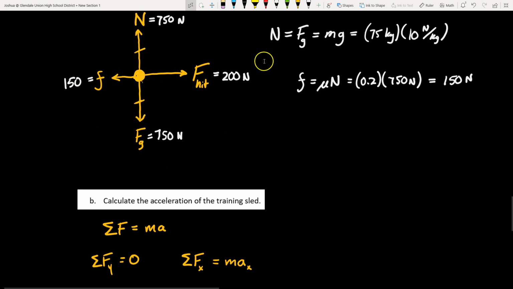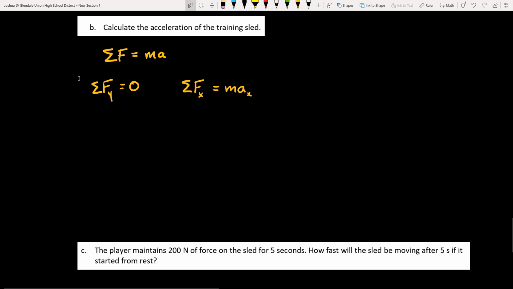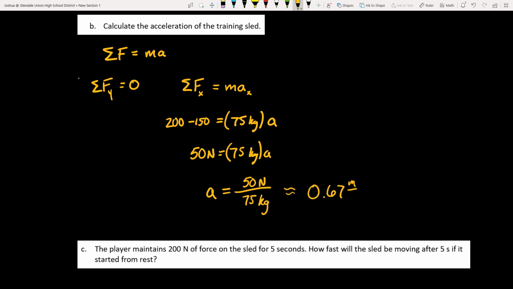So we have 200 to the right, 150 to the left. So the net force, 200 to the right, 150 in the opposite direction, so opposite sign. And then it becomes just solving. So we got 50 newtons equals 75 kilograms times a, which when I finally just solve for the acceleration gives me 2/3 or 0.67 meters per second squared.